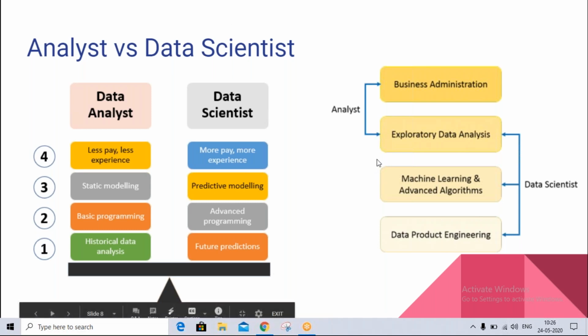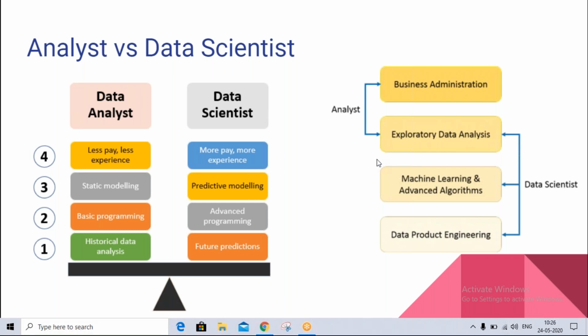So that will be the analyst basically. The analyst deals with exploratory data analysis. He tries to analyze whatever data is given to him, and with the help of different types of visualization, he tries to visualize the data and find out what patterns it is following, and what trend he is able to find in this particular data set.